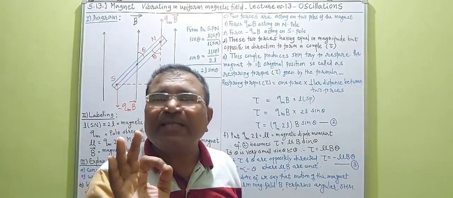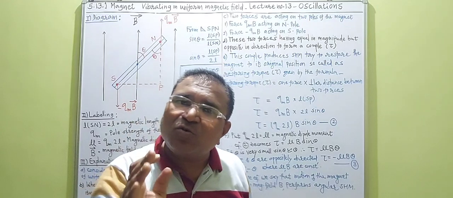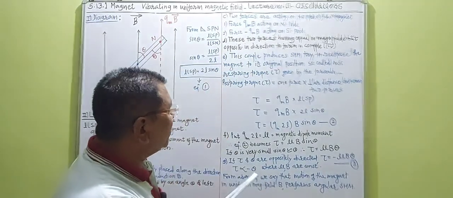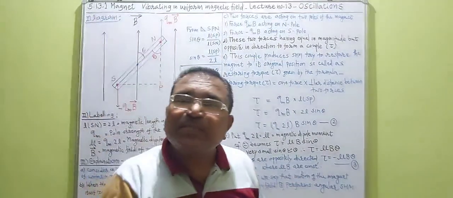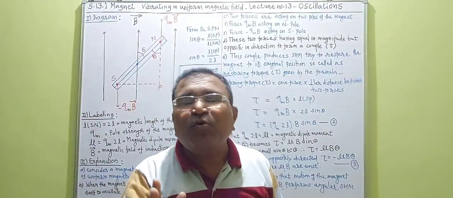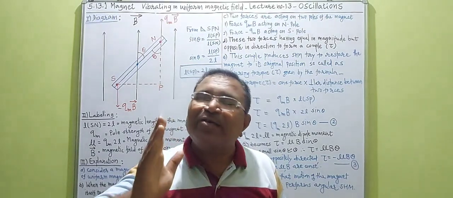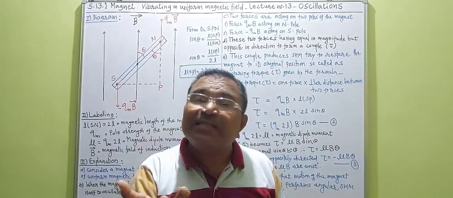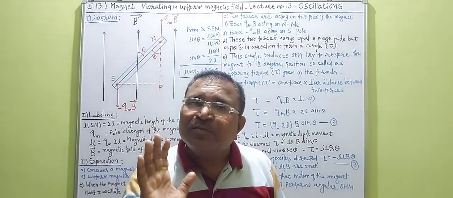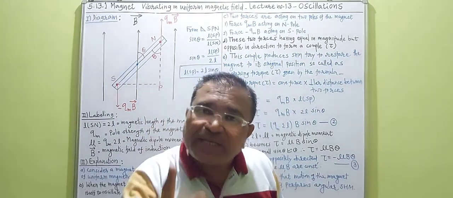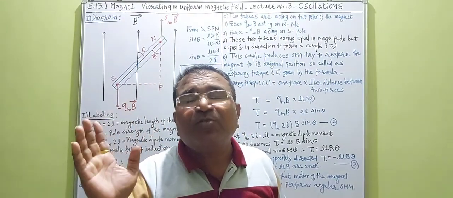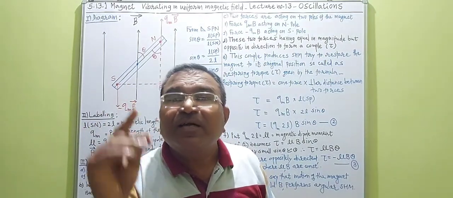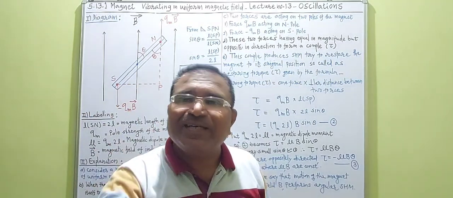It clearly indicates that the magnitude of restoring torque tau is directly proportional to angular displacement theta, and both restoring torque tau and angular displacement theta are oppositely directed, and this is the definition of angular SHM, so we can write that vibration of the magnet in uniform magnetic field performs angular SHM.